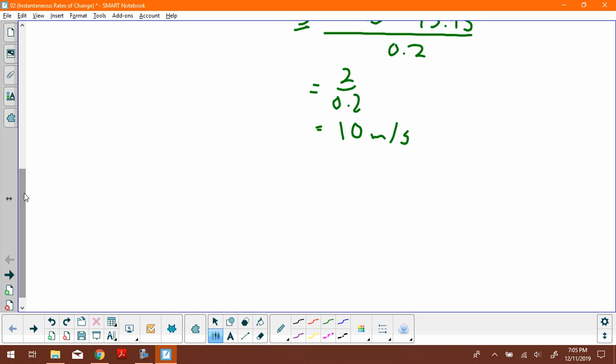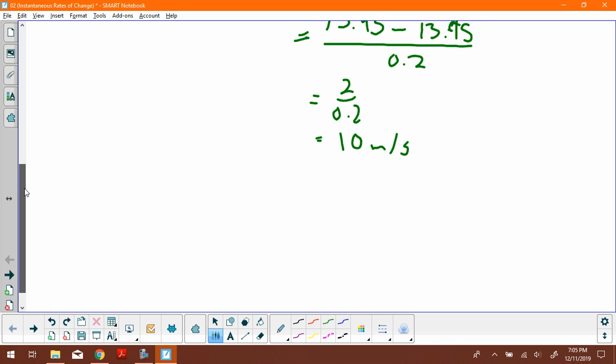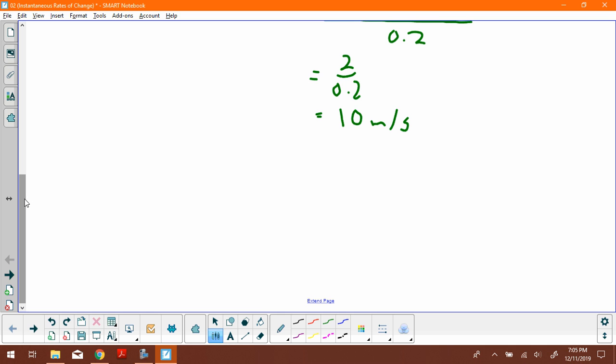To make sure that I've got this right, I'm going to do this again over a smaller interval. So let's say my new interval will be 100th on either side of 1. So 100th less is 0.99, and 100th more is 1.01. So do a small interval and see if it agrees.